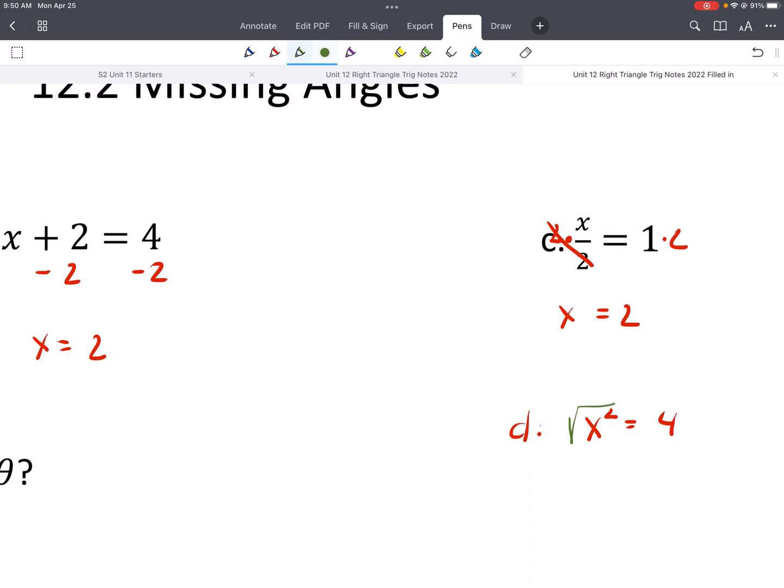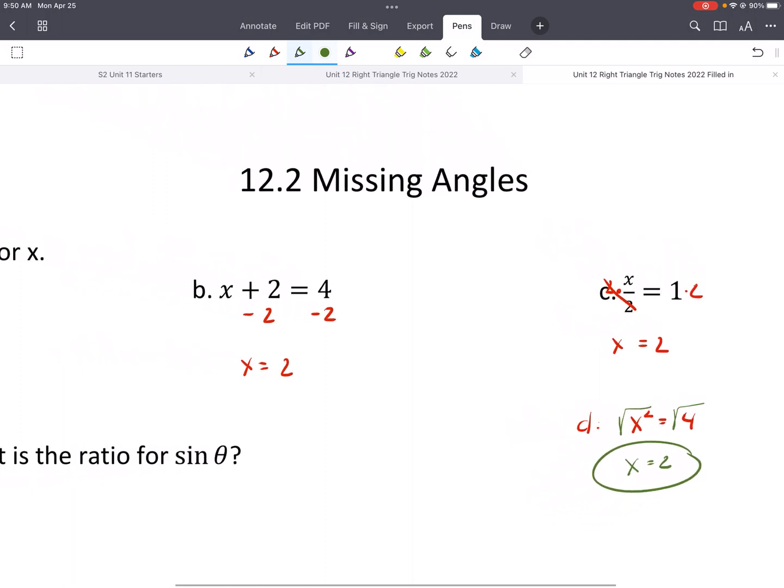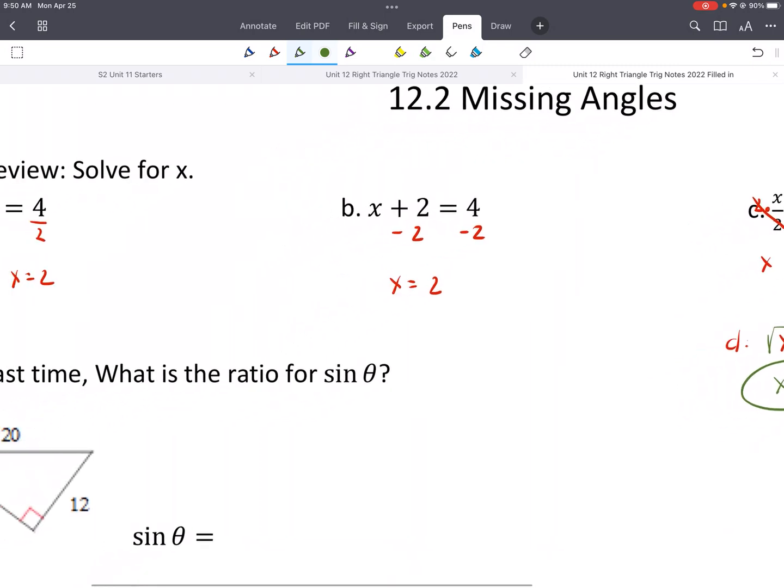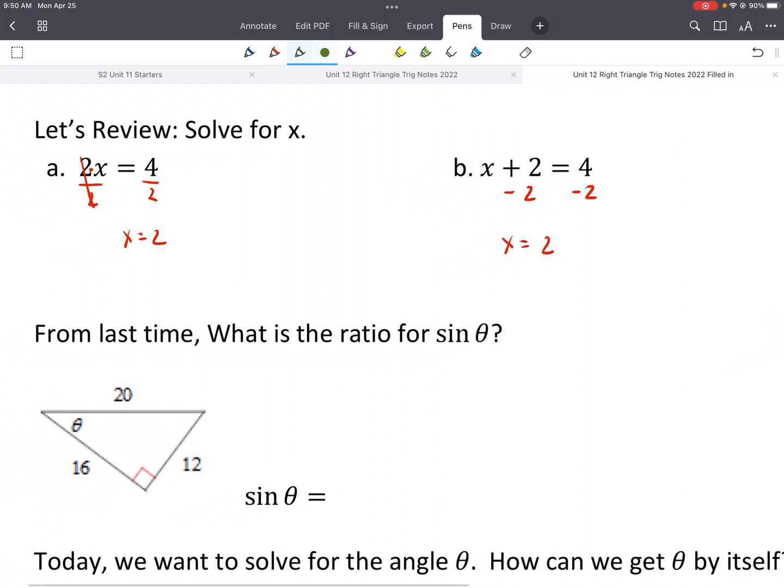Well, the opposite of squaring is square rooting, and we would get x equals 2. Okay, so all these operations have what's called inverses. They're opposites. Opposite of addition is subtraction. Opposite of multiplication is division. The opposite of squaring is square rooting. Okay, and there's lots of different things. You can also do inverses of functions and things like that.